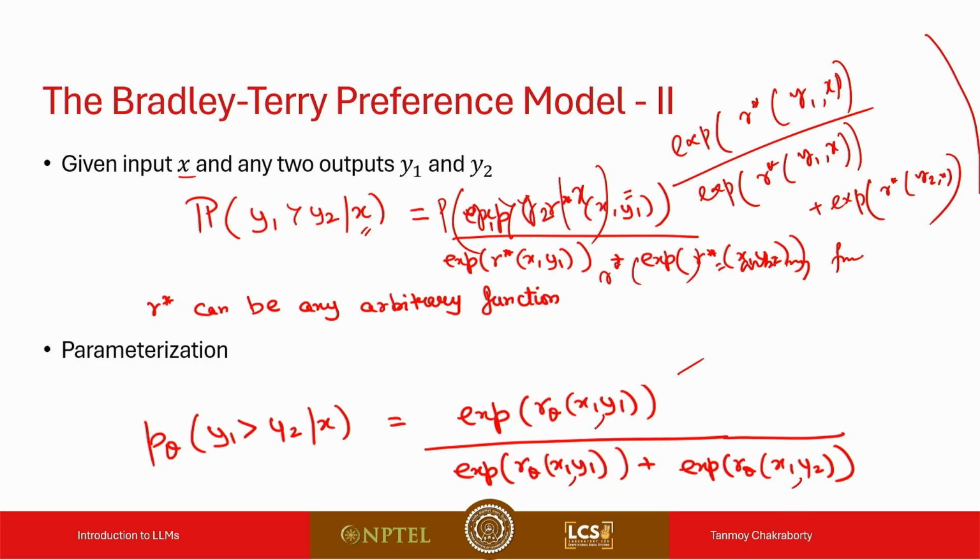What is the difference between this and these equations? Here we are using r star, which is a gold standard or gold label. We do not know the gold label, right? Therefore, we parameterize this using some sort of model whose parameters are theta, right? And what is this theta? This is the reward model, the parameters of the reward model.